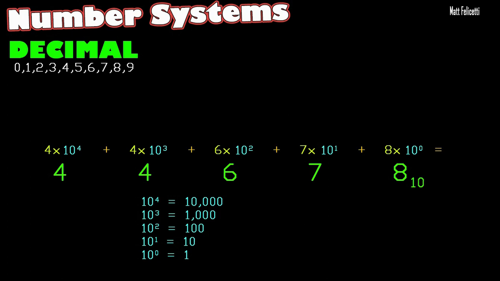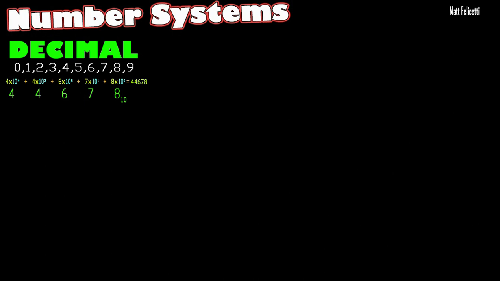So in this example, we add that up and we get 44,678 as expected. Now, this might all seem fairly simple, but it is very important that you understand this to understand number systems. Also note, we're not going to worry about fractional numbers or negative numbers at the moment.